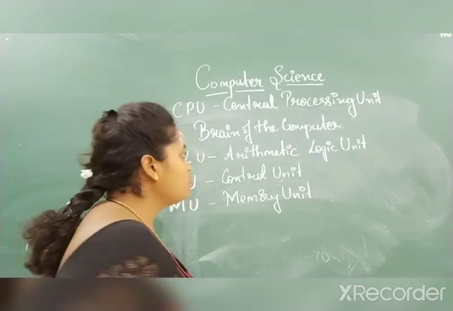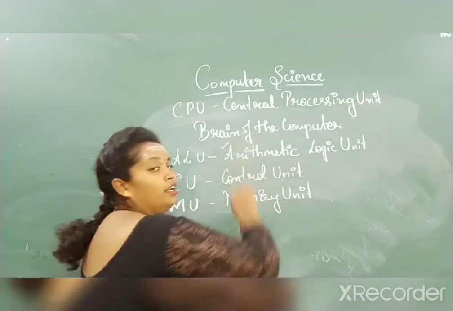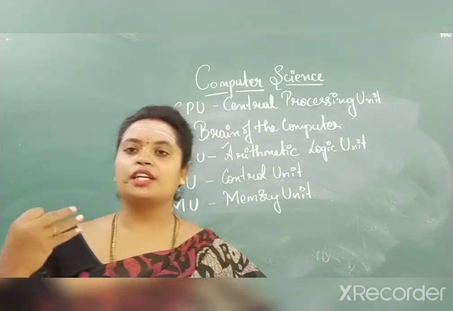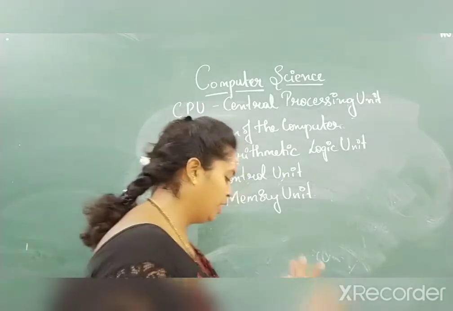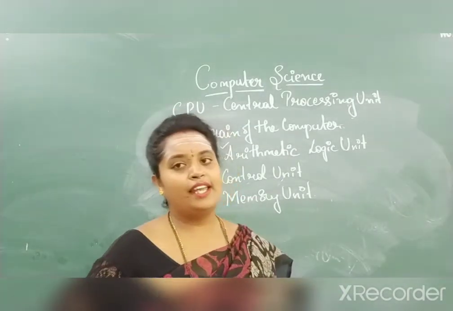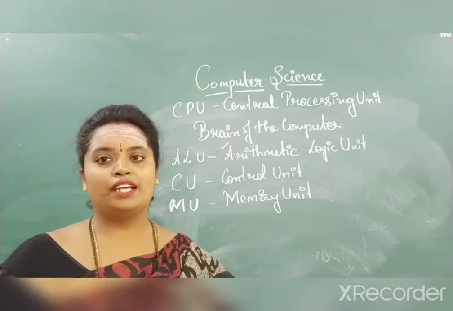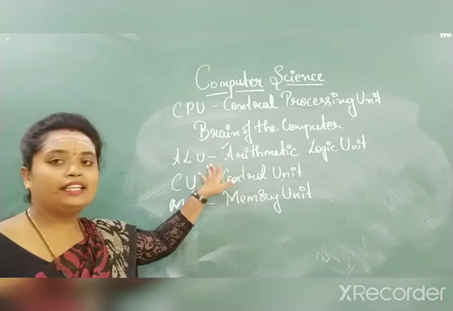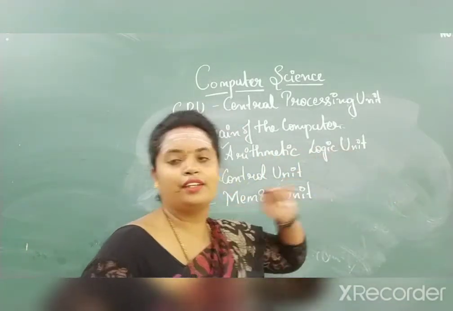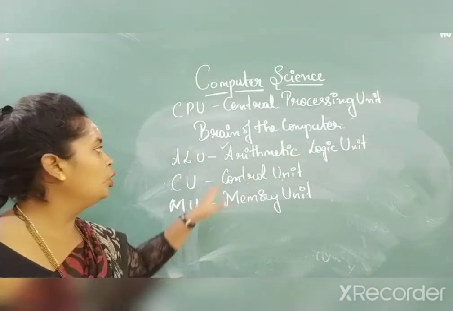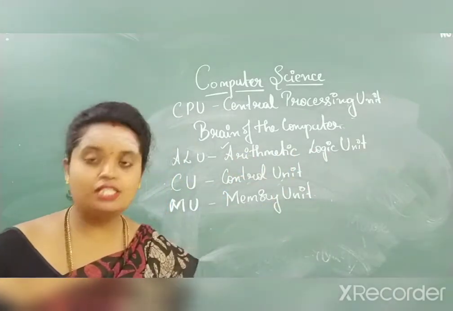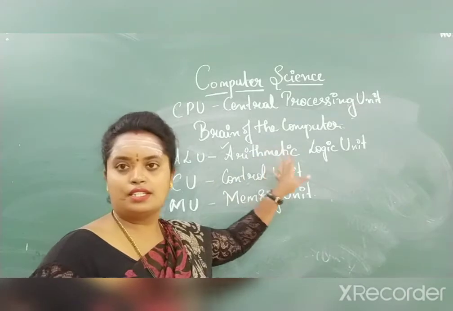It performs all the arithmetic calculations like your addition, subtraction, multiplication, division and other operations. Okay, greater than, lesser than, everything can be done with the help of the ALU. That is your arithmetic logic unit. By the name itself you can get to know it does all the arithmetic calculations in the system.